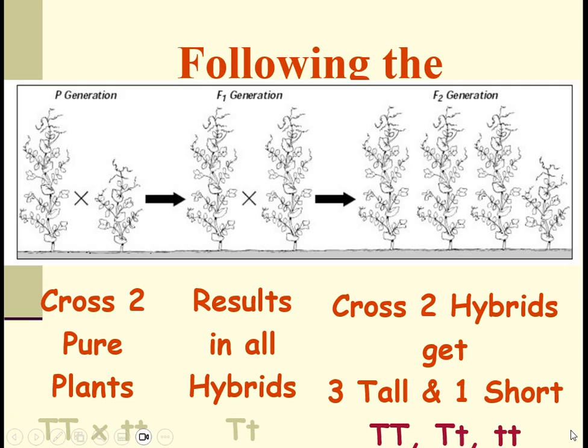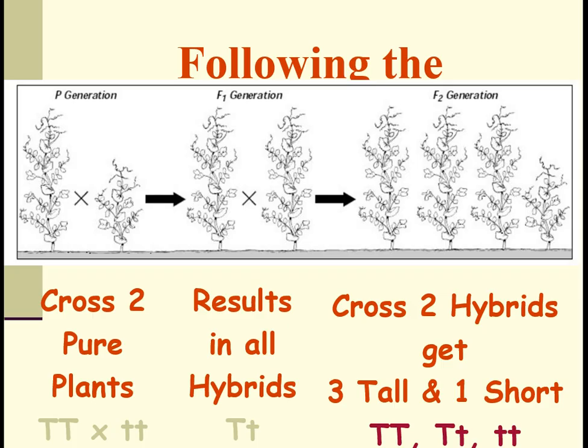That is, two will be of homozygous character and one will be of heterozygous character. So always remember, in any of the crosses, one will be a dominant homozygous and another will be a recessive homozygous.